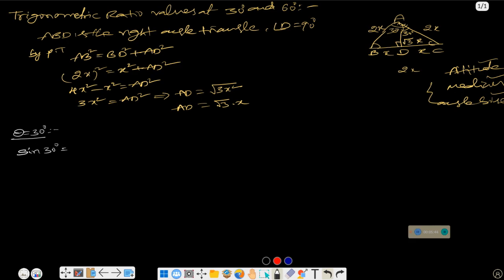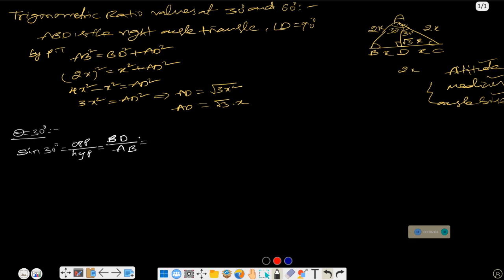Sin formula is opposite by hypotenuse. So the side opposite to 30 degrees here is BD, by hypotenuse AB.